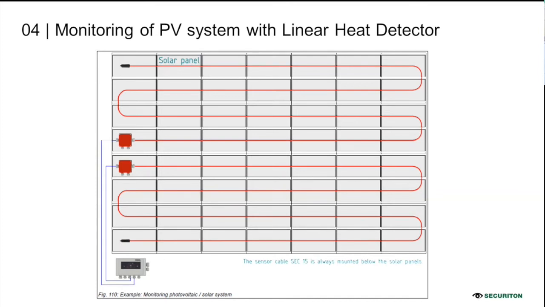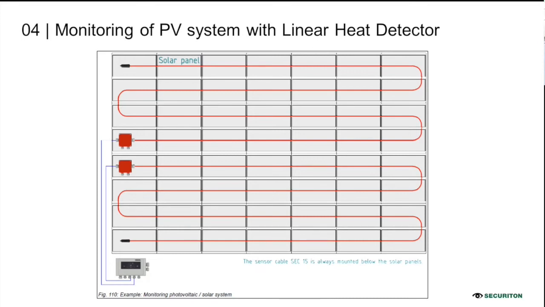That answers a question asked earlier: can we do it on top? It is not advisable on top because the induction and the penetration of the fire also happen around the solar area. So we will always install the cables underneath the photovoltaic arrays.